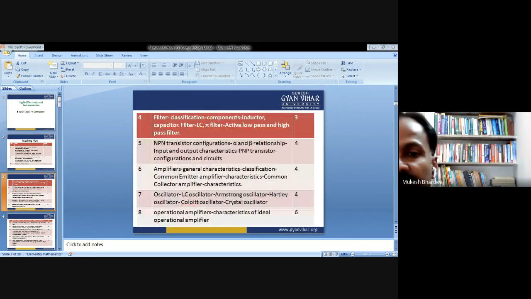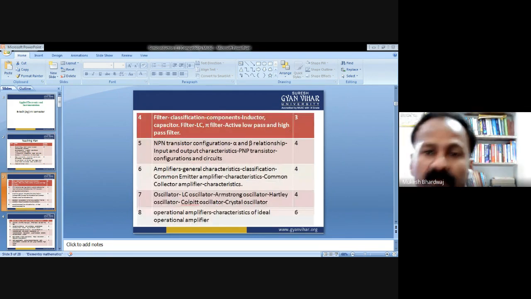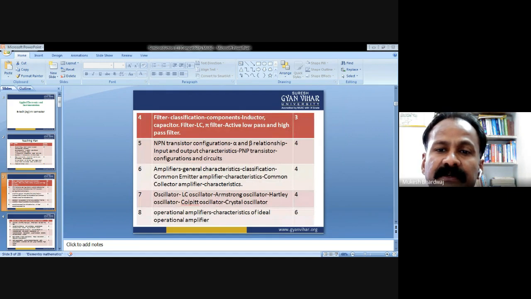Fourth is filter classification and components: inductor, capacitor. Now that is the diode. After diode fabrication, we can use the diode. After the rectifier, we can use the circuit as a filter also.